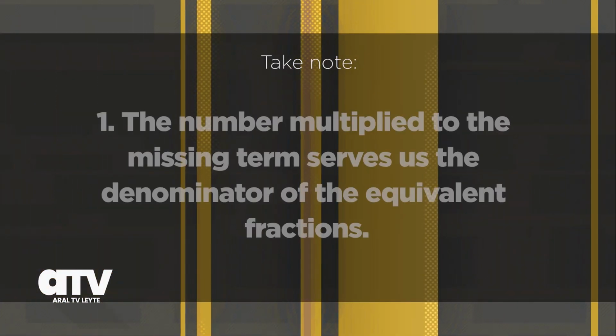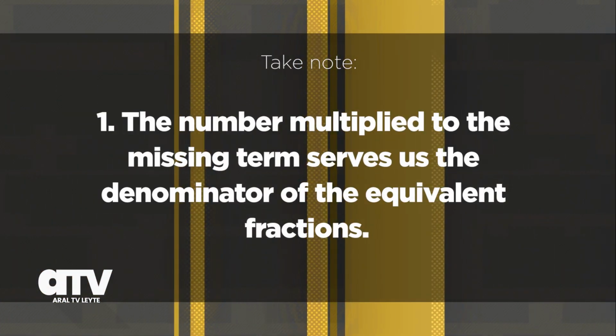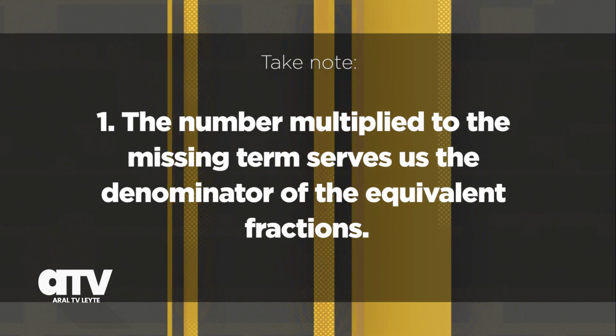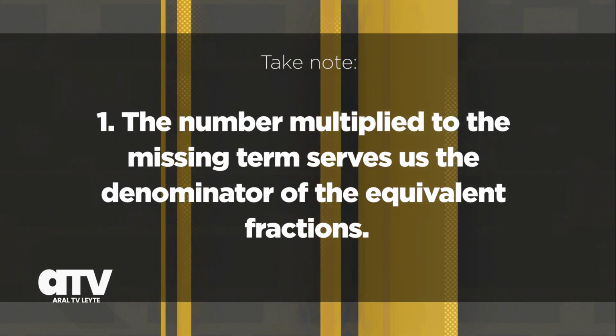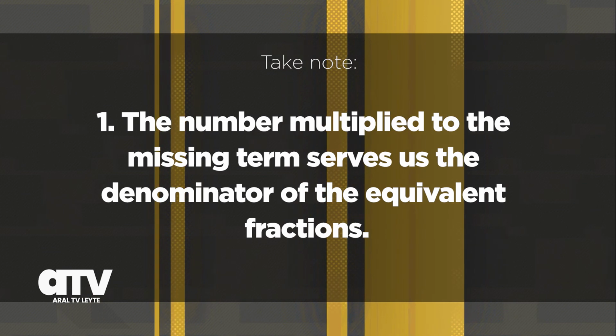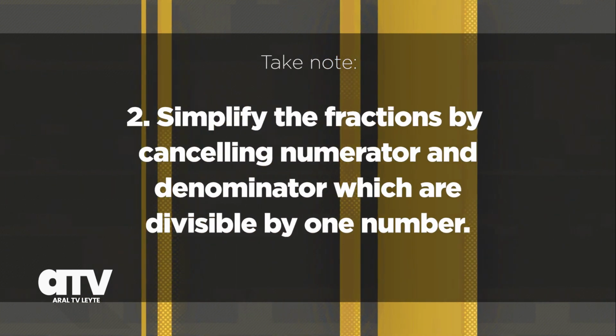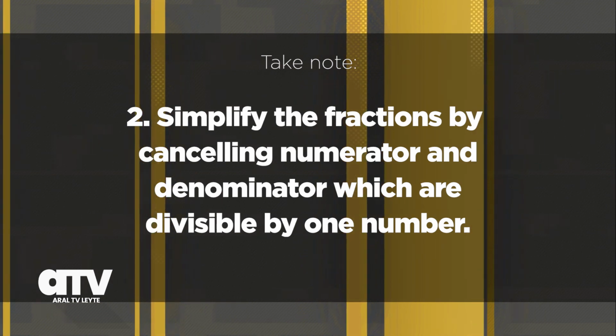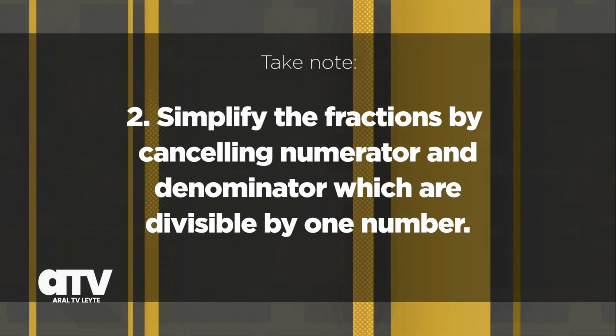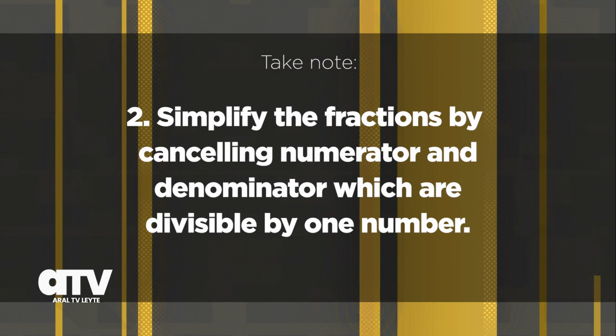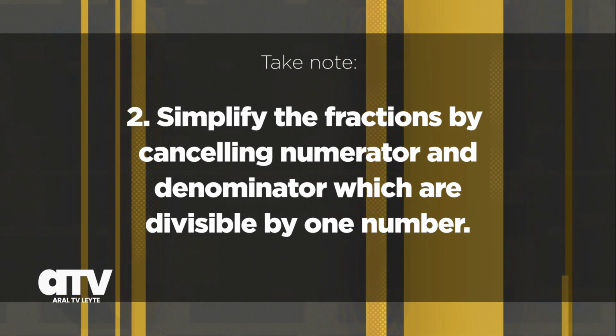Take note that number 1, the number multiplied to the missing term serves as the denominator of the equivalent fractions. And number 2, simplify the fractions by canceling numerator and denominator, which are divisible by one number.